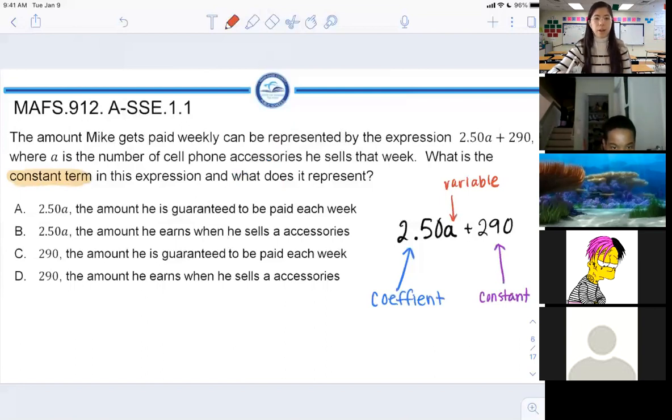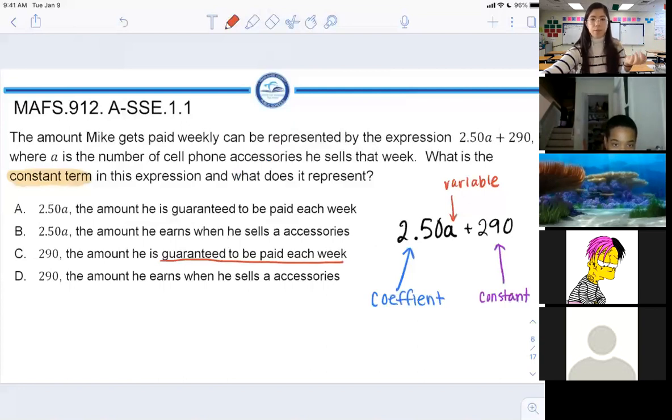So now that I know 290 is my constant, which answer am I going to select here? Yeah, Tyrone, go for it. You're correct. C, the amount he is guaranteed to be paid each week, because we know that 250 is how much he makes if he happens to sell some cell phone accessories.